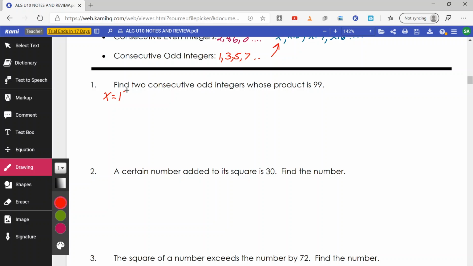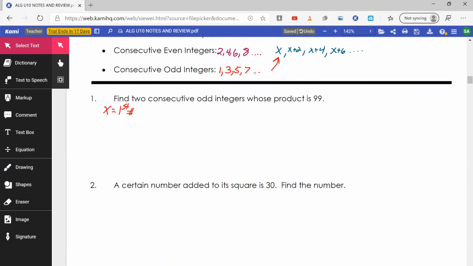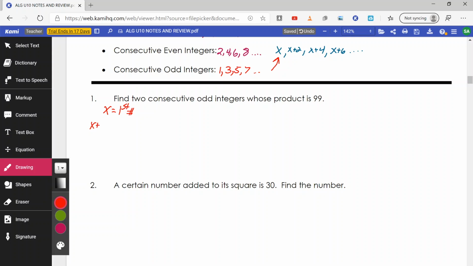So we'll say x is our first number, whatever it happens to be. Now the next number has to be odd. So if I take a look at my pattern up here, my second number would be x plus 2. So there's our two consecutive odd integers.